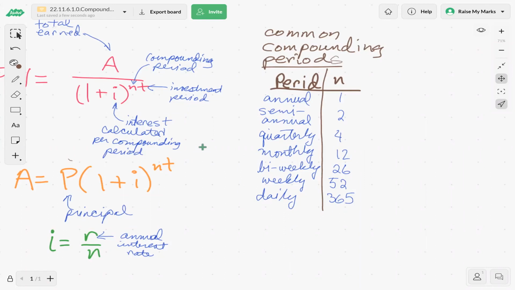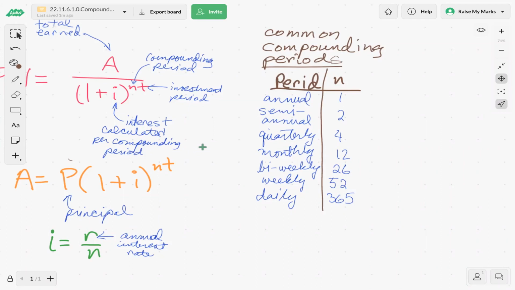For example, annual is every year, semi-annual is twice a year, quarterly is 4 times a year, monthly is 12 times a year, bi-weekly is every 2 weeks, so 26 times a year, weekly is 52 times, and daily is 365 times in a year. So that is our N value.